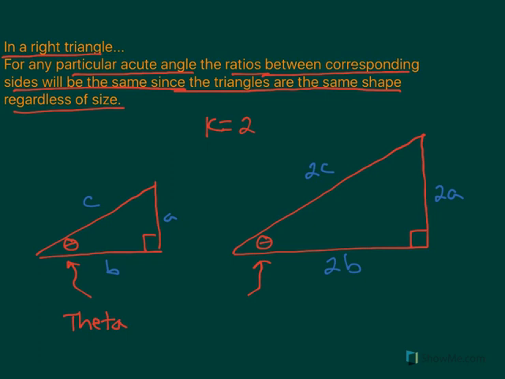So for example, the first ratio, let's say we look at angle theta, and let's look at angle theta in the smaller triangle. So if we're looking at 3 sides, we can make 3 different combinations of ratios. Ratios are just fractions between the side lengths. So if we look at theta and we look across the triangle, we're going to call that the opposite side because you're going to the other side of the triangle, so we're going to call that the opposite leg.